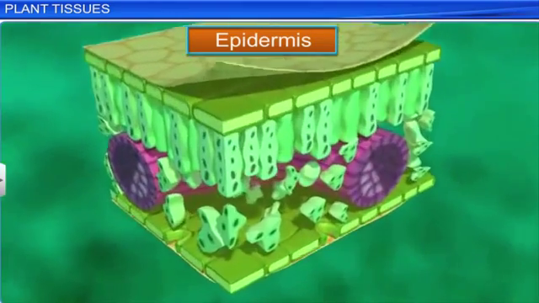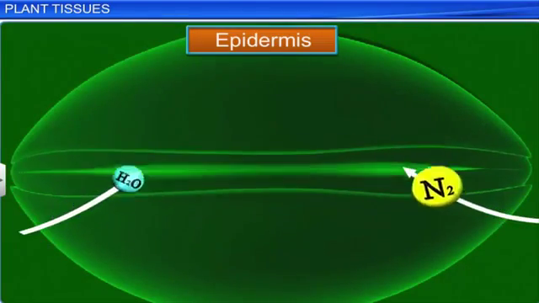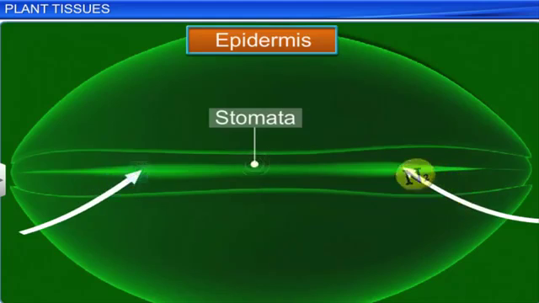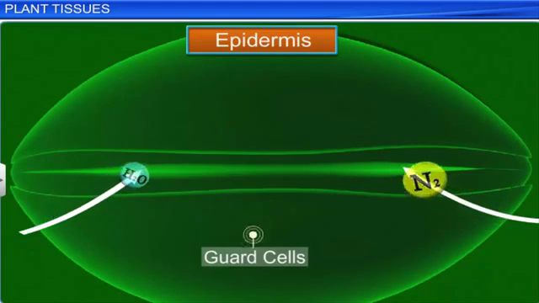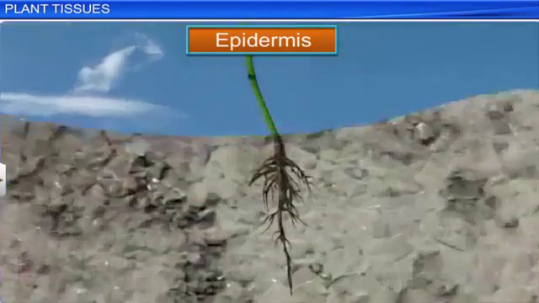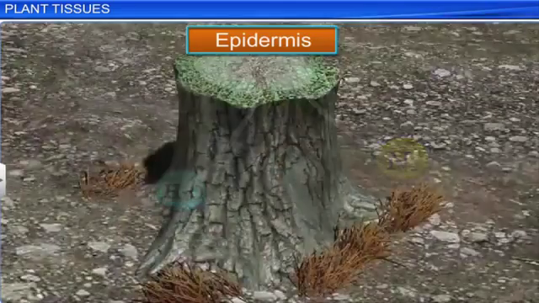The epidermis is perforated by the presence of stomata at certain places. Stomata are surrounded by guard cells and help in gaseous exchange and loss of water. Epidermal cells of the root bear hair-like things that help in absorption.